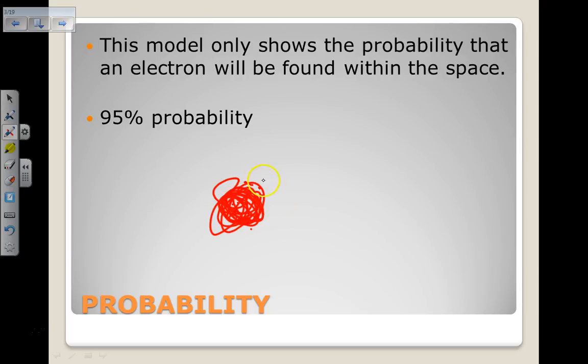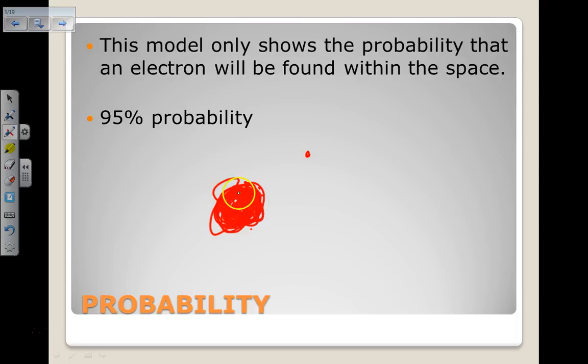And so what we know from doing the math is the electron is 95% probable to be found in a place that's defined by the shell, subshell. It's not absolute that it's going to be found here. Could it be found out here 5% of the time? Sure.